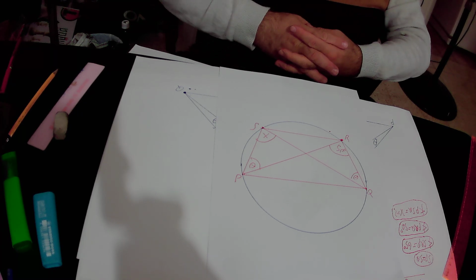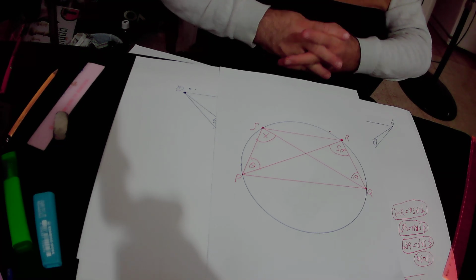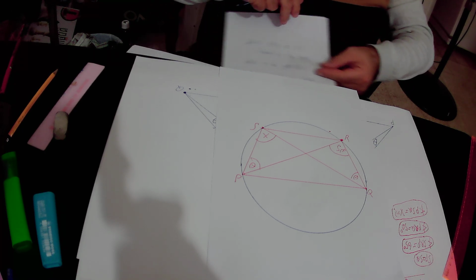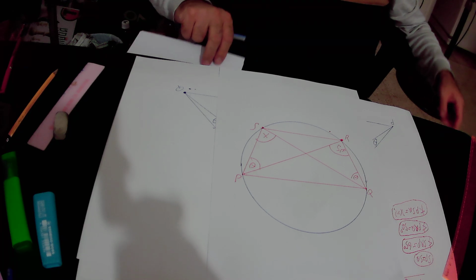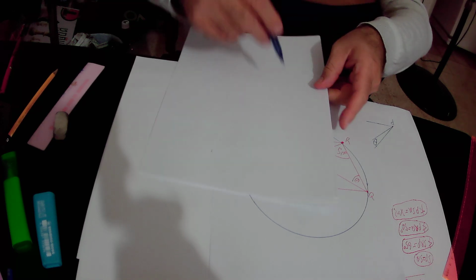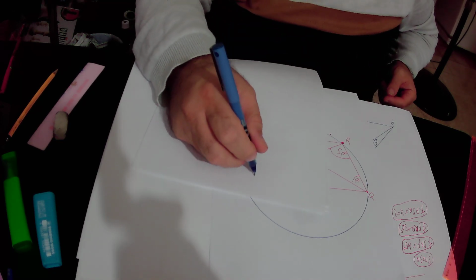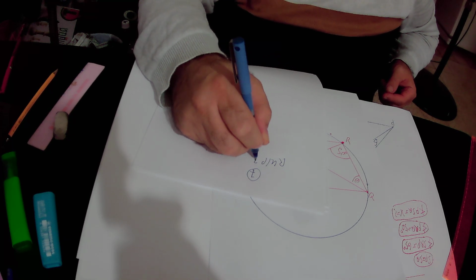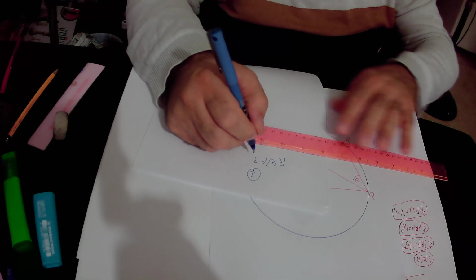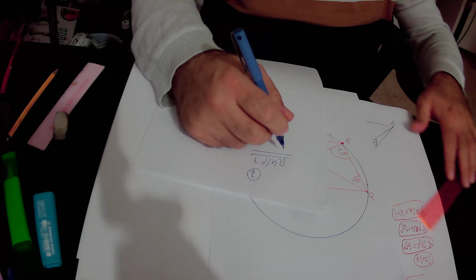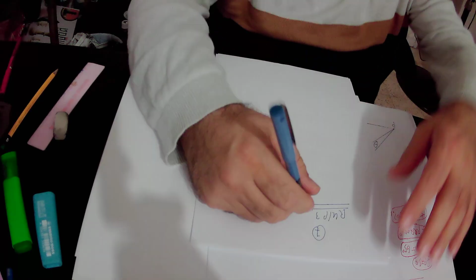So we actually have also rule number 3, and rule number 3 states that peripheral angles that subtend on the same chord are equal to each other. I will write it down.